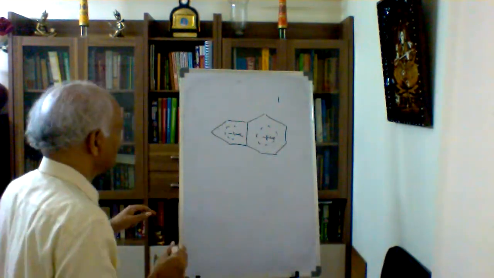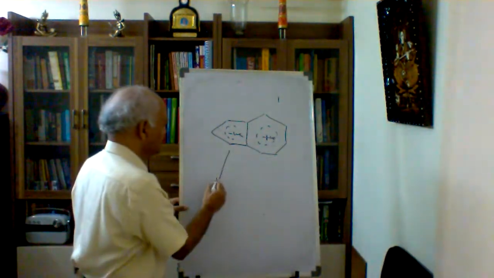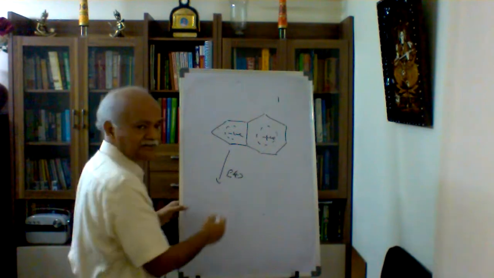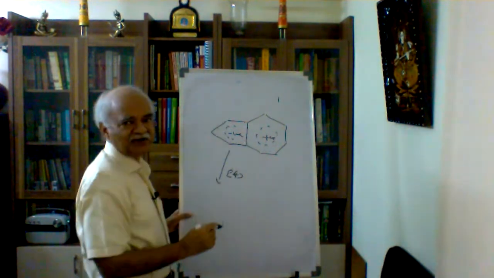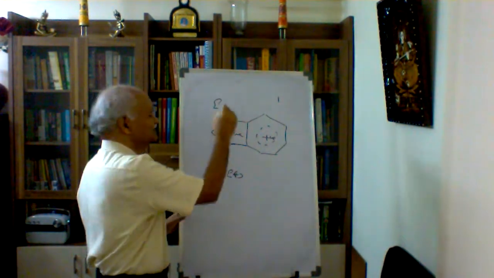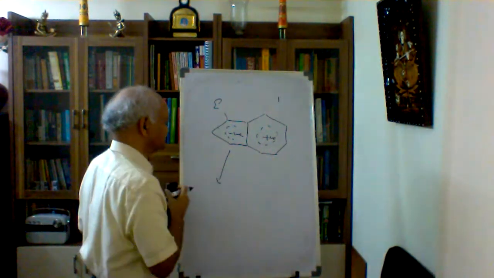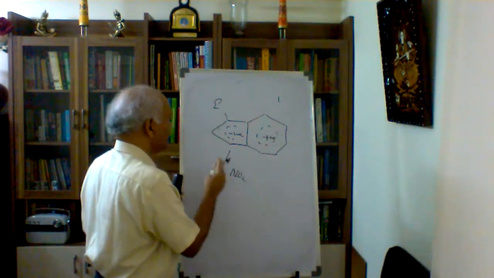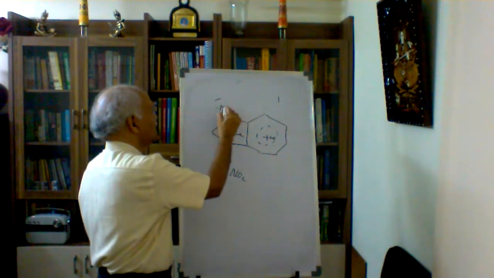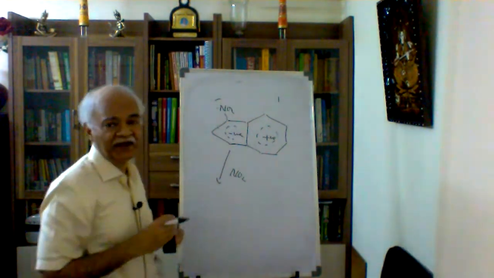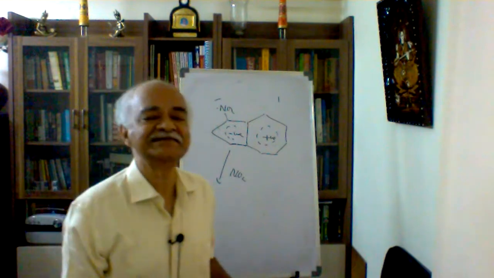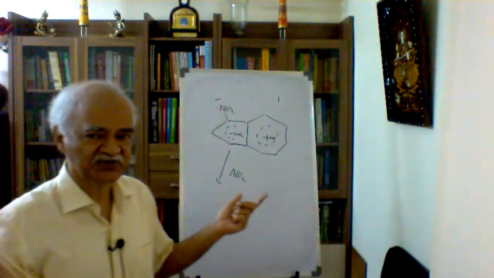Suppose I take this molecule and imagine I am adding an electrophile. This molecule responds, I get the electrophile substituted here. Suppose I am adding a nitronium group, NO2 plus, to the azulene molecule. I realize this NO2 comes in the 5-membered ring, typical of a benzene substitution reaction.